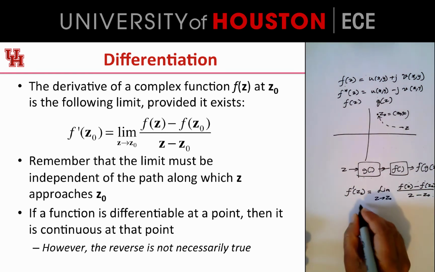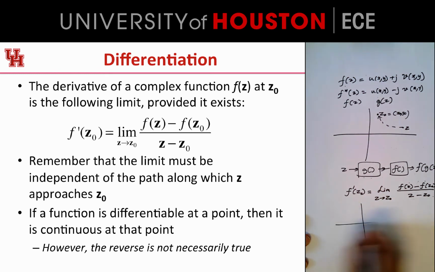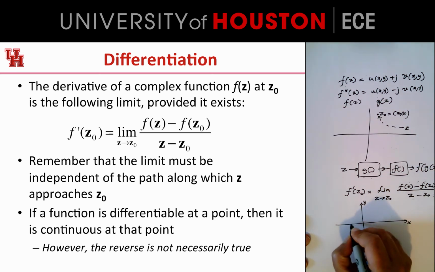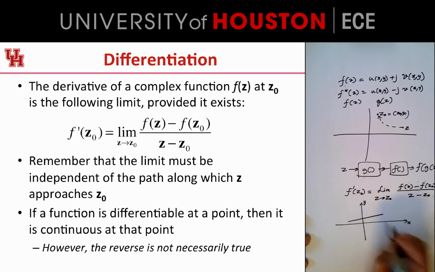And you might remember this classic case. Suppose you have a function that looks like this. You've got x and y, and this is from the world of real variables. If you have a function with a sudden kink like that at the point, say, x naught, the function is continuous.